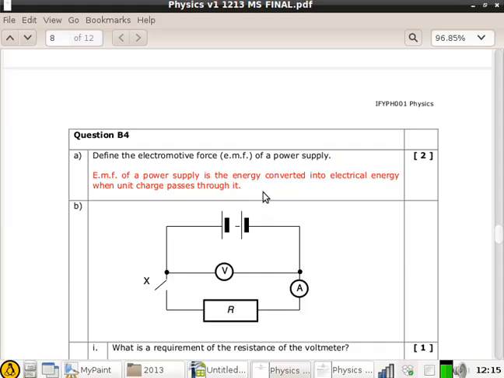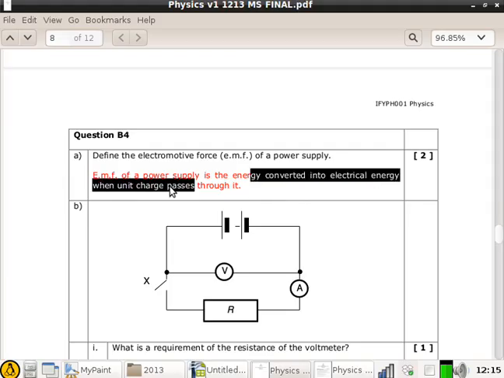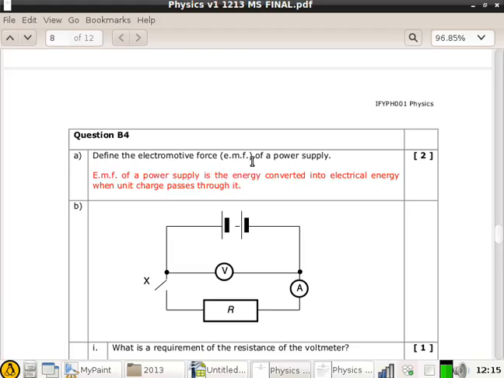So this is the very, very formal definition of it. You should write this down, actually. I'll explain what this means now once you write it down.